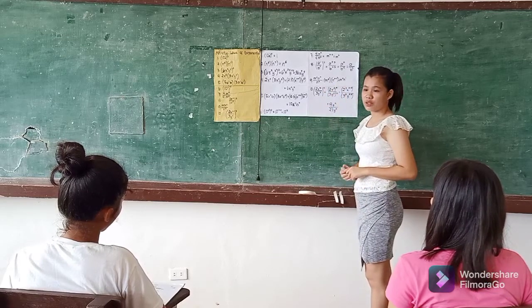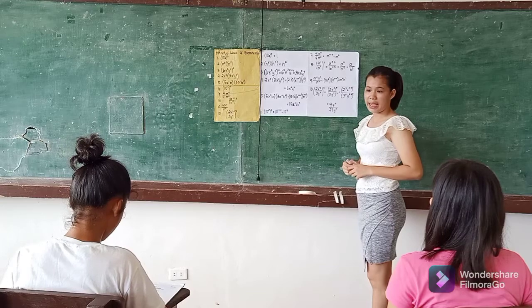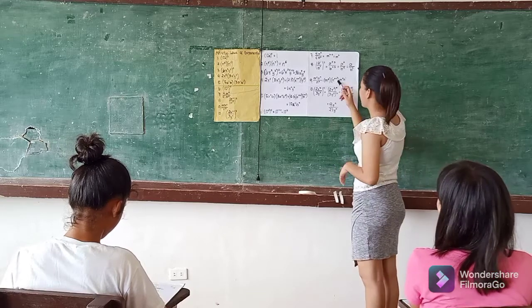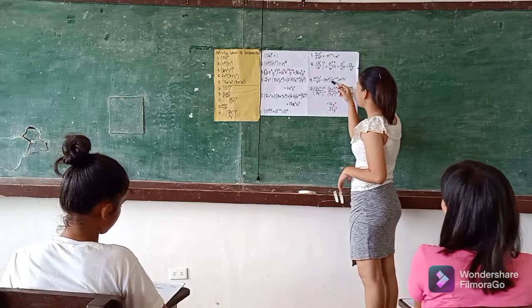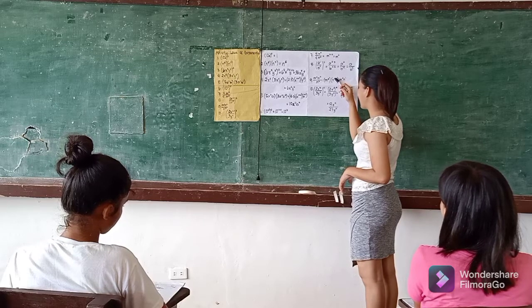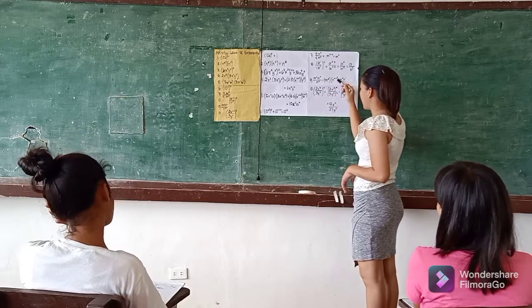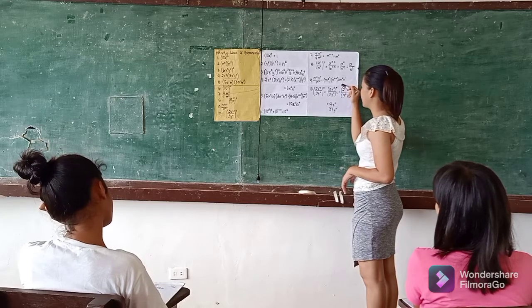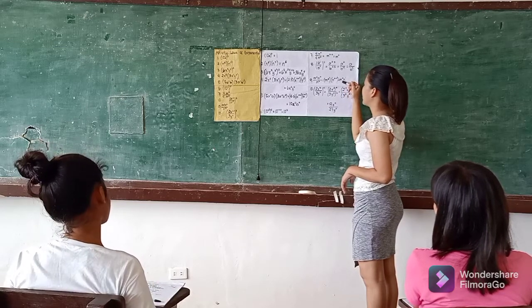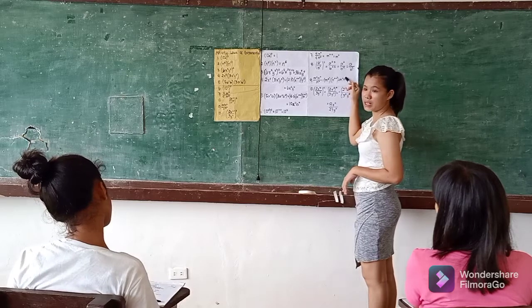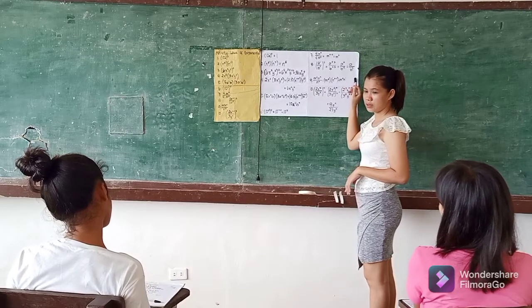Because in the law for division, we will go to subtract its exponent. Okay. N raised to 3 minus 2. The final answer will be n raised to 4 times n, so n raised to 4 n.